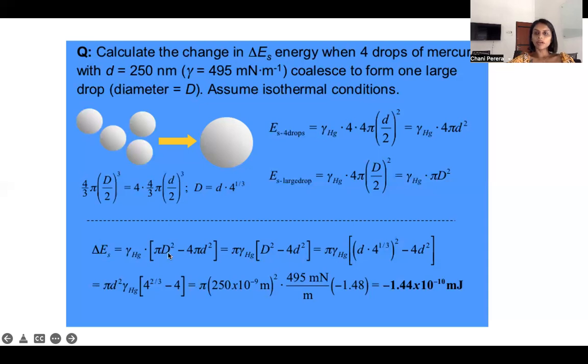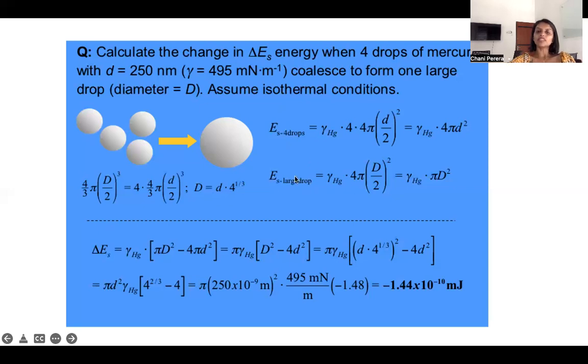Then we are asked to find the change in the surface energy just by fusing these 4 droplets, or coalescing these 4 drops into one big drop. So to find delta ES, we just have to get the difference between these 2 energies.